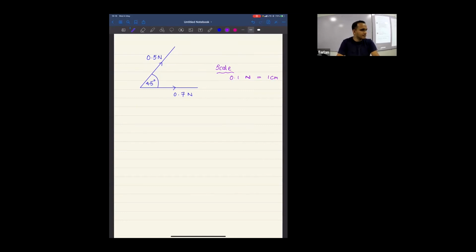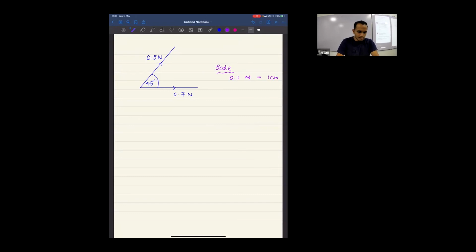Done. What's the answer? Tell me the final answer. Let's see. So guys, now 0.1 newtons is represented by 1 centimeter.